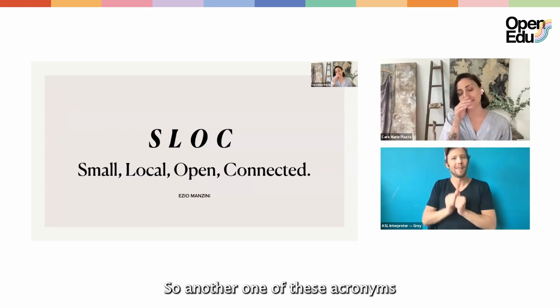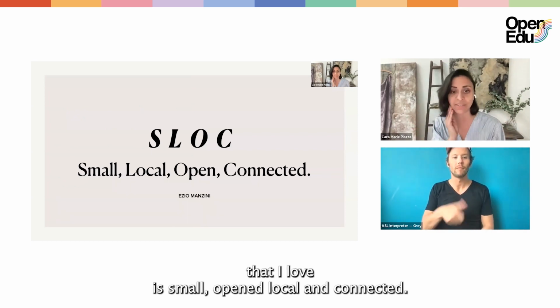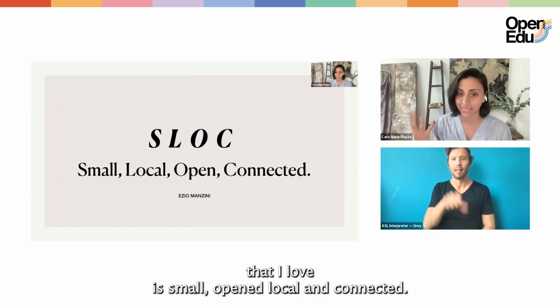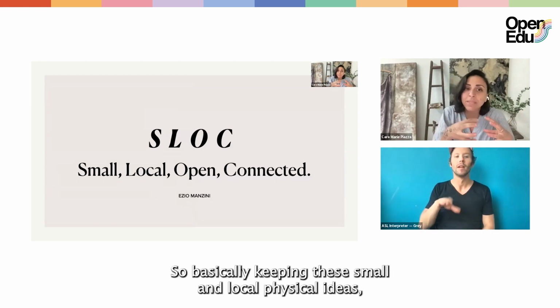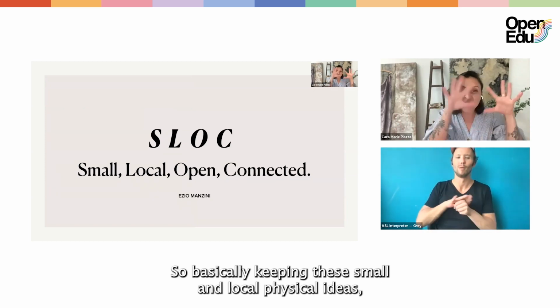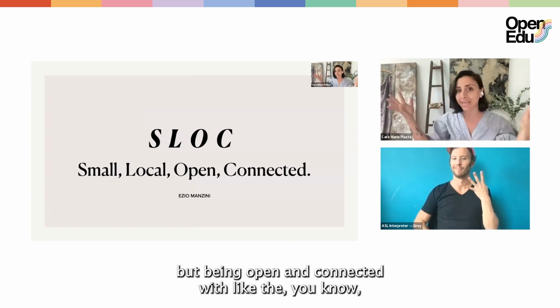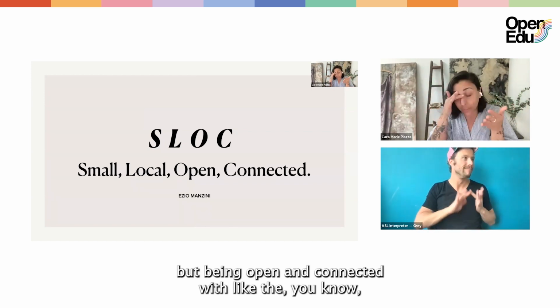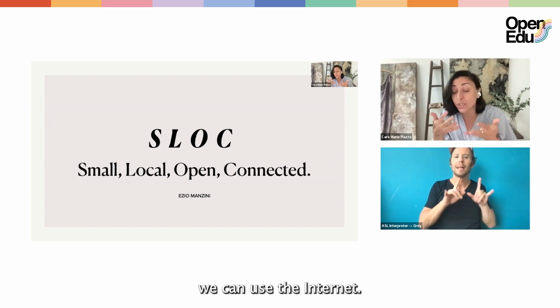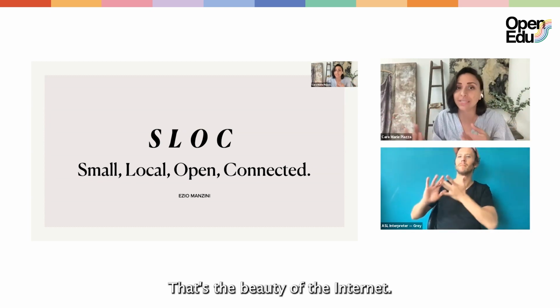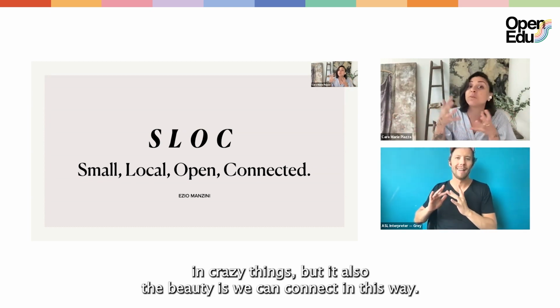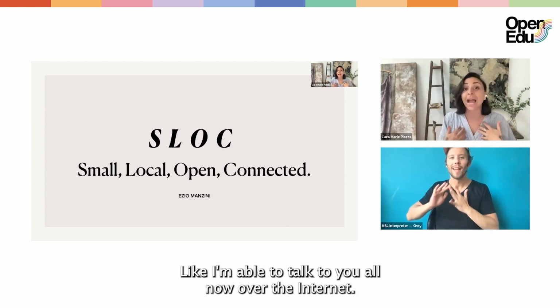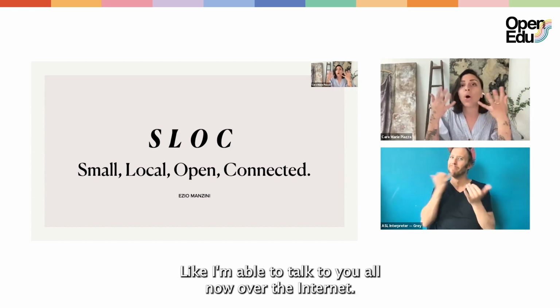So another one of Ezio Manzini's acronyms that I love is small, open, local, and connected. So basically keeping these small and local physical ideas, but being open and connected, we can use the internet. That's the beauty of the internet. The internet brings some crazy things, but the beauty is we can connect in this way. I'm able to talk to you all now over the internet.